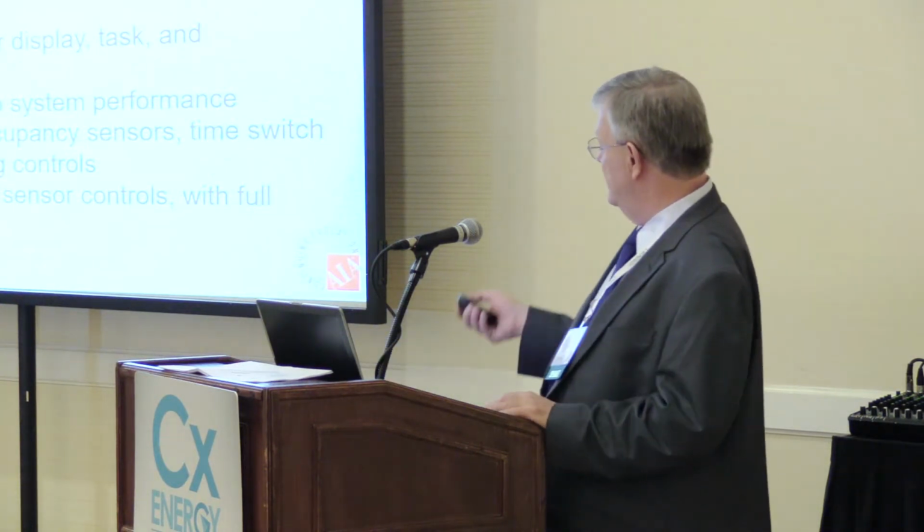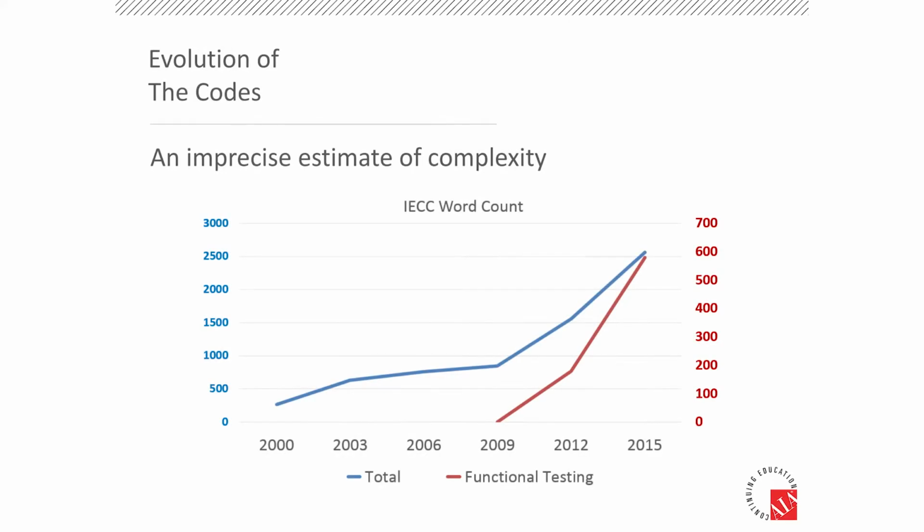And then I'm going to show this last thing. This is an imprecise measurement of the complexity. This is nothing but how many words we have about total requirements for lighting control, and then in blue, and then in red, and on the red scale, functional testing in the IECC. We didn't see anything until 2009 for functional testing in IECC, but it went up pretty sharply after that.